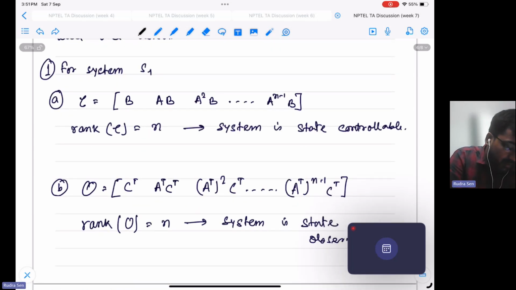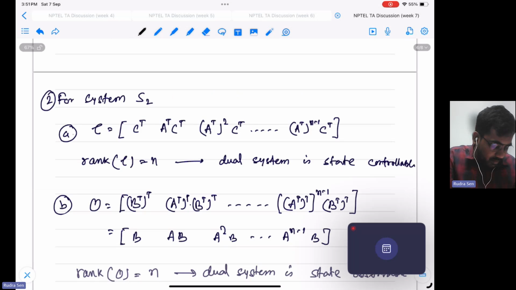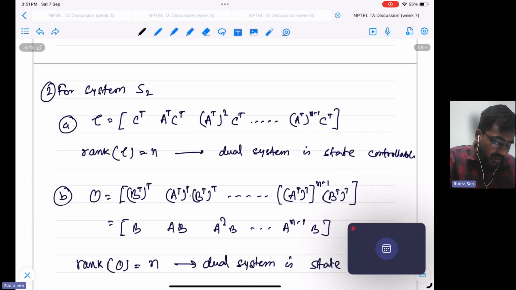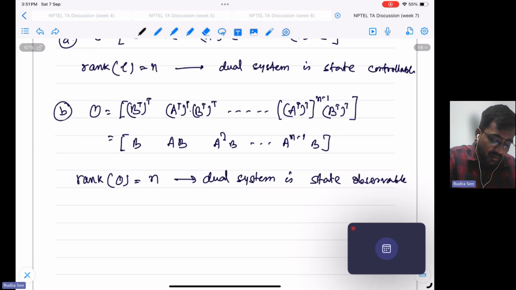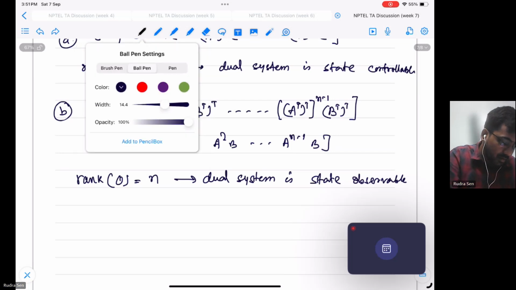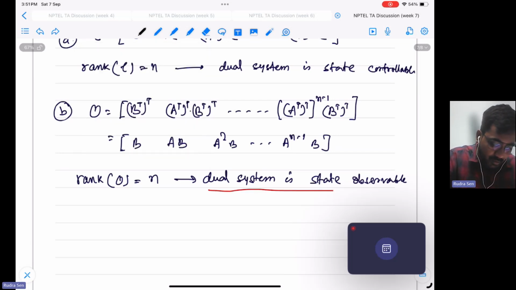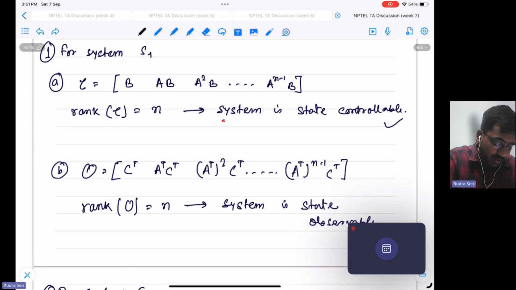So system 1 is the original system, and it is state controllable. From 1A, we get that system 1 is state controllable, and from 2B, we see the same condition. 1A and 2B are the same condition.